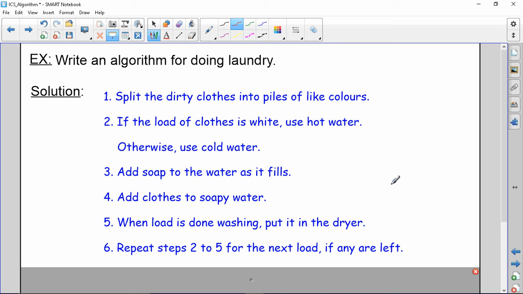What about the looping process? Will it stop? Well, this says if any are left. So depending on how many loads of laundry we have, we'll end up washing all of the loads of laundry. So for sure it's finite. So finite, yep, for sure.